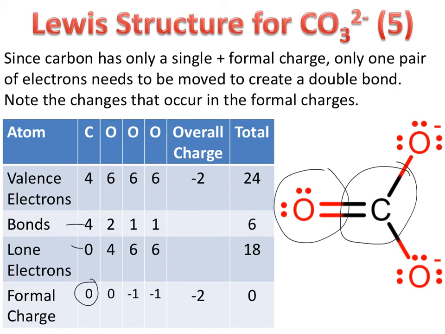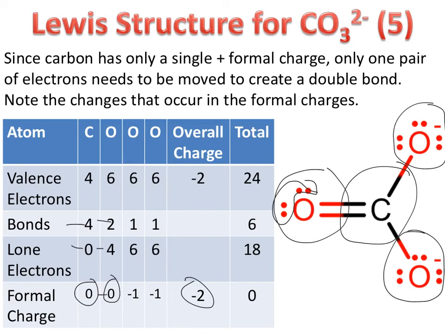This oxygen here has 2 bonds, 4 lone electrons, for a formal charge of 0. And then there are these 2 other oxygens left over that have formal charges of -1 each, for a total of -2. And we would expect that there would be formal charges somewhere on this structure, given the fact it is a polyatomic anion.